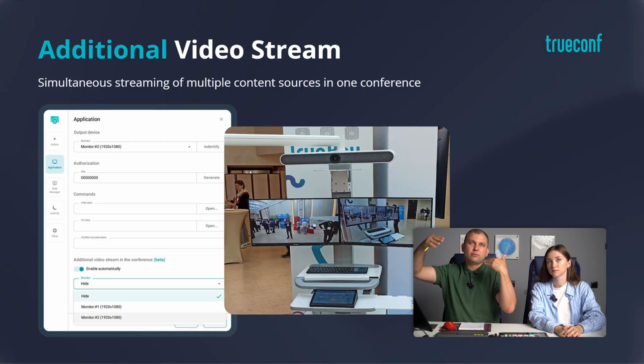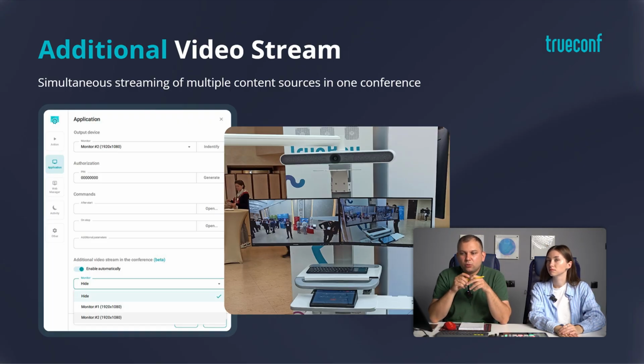For example, we'd like to have the overview of the conference room from one wide-lens camera, and you'd like to have a second PTZ camera which tracks the active speakers. So now you can send to the conference both video streams to highlight the speaker and to show all the other participants from different sources.